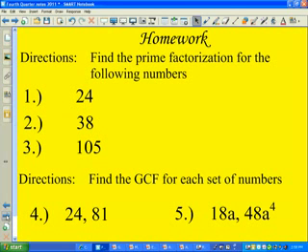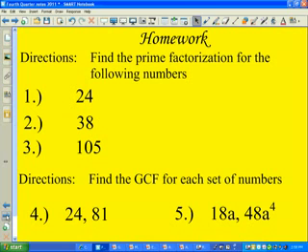For problems 1 and 3, they just had to do the prime factorization. It's almost like they could just do the factor tree and then circle their prime numbers. They could have done it that way, or they could have put all their numbers in numerical order doing multiplication, just like how we have been doing in this lesson.